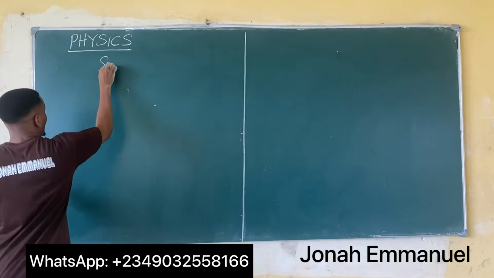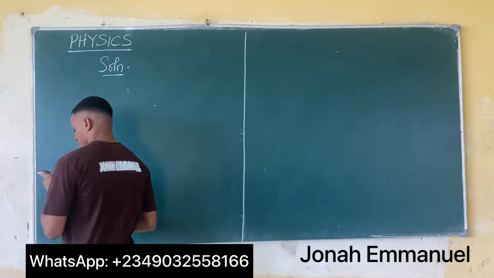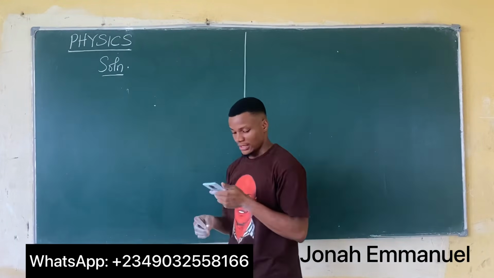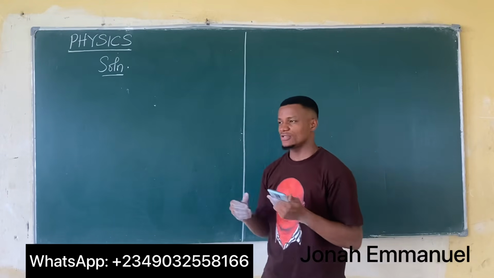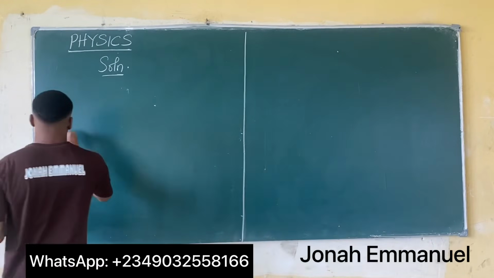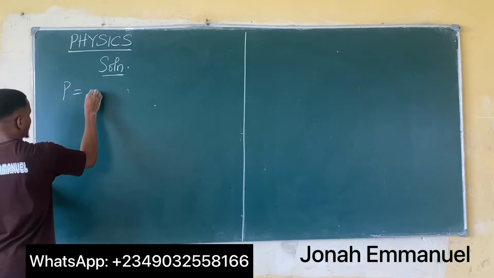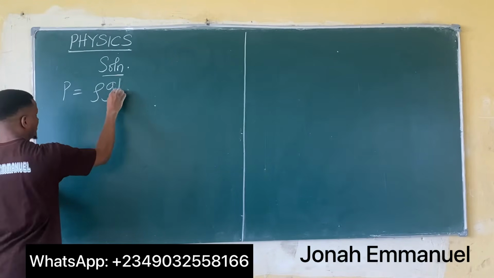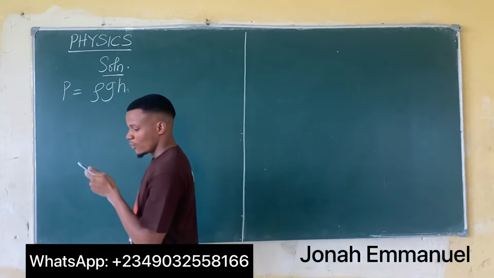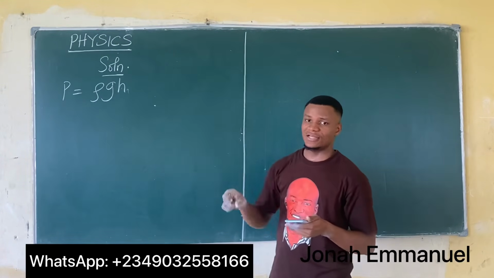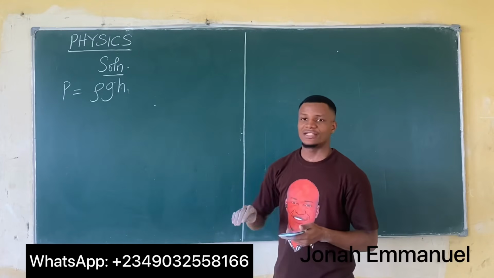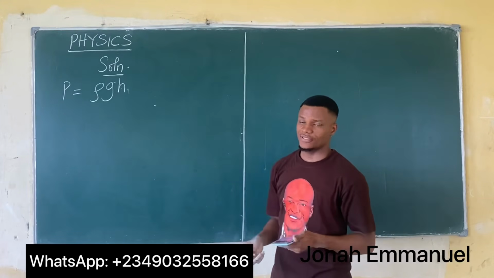Solution. Of course, this is for a liquid. The particular liquid is not specified, so we'll still use the concept that pressure is equal to density times gravity times height. Now when they say what is the length, we said for liquids we consider vertical length, which of course is height.